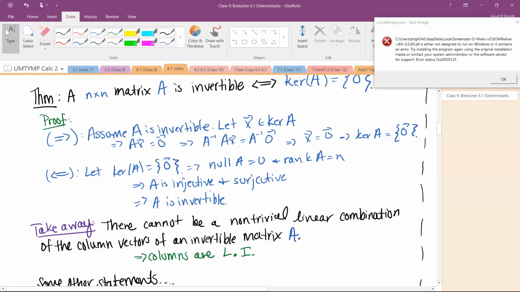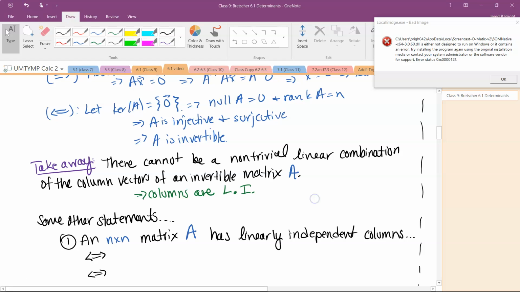Some other statements that fall in tow with this: if we have linearly independent columns, then, as we saw in the last video, the reduced row echelon form of A is I_n, because there isn't any relationship among the columns. And then also we can say that A has linearly independent rows. We can look at either rows or columns here.